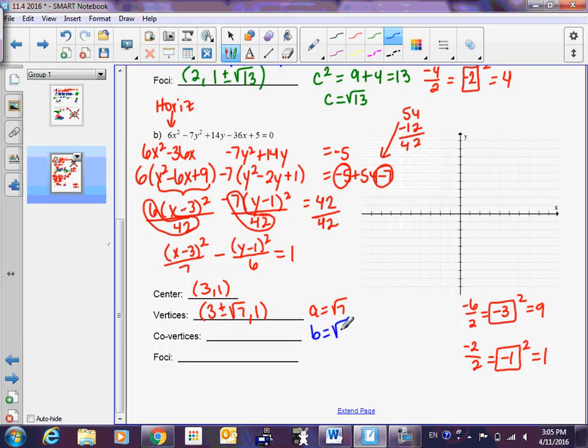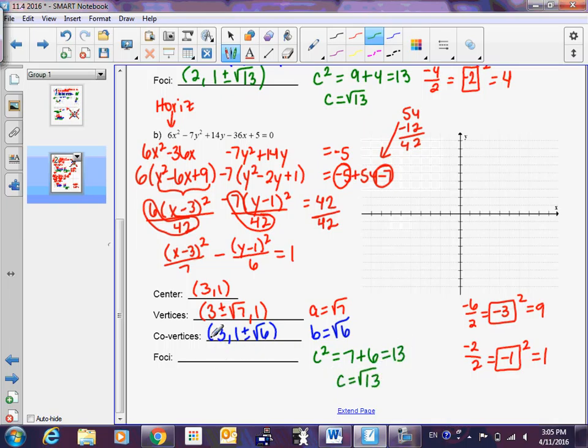Square root of 6. It's underneath the y, so add and subtract it to the y value of the center. I'm doing all this without even using a graph, and you can do this with whole numbers as well. And then c squared would be a squared plus b squared, that's 13.